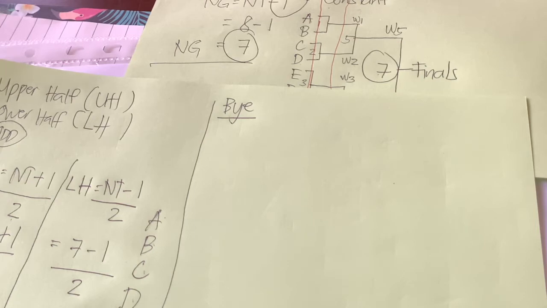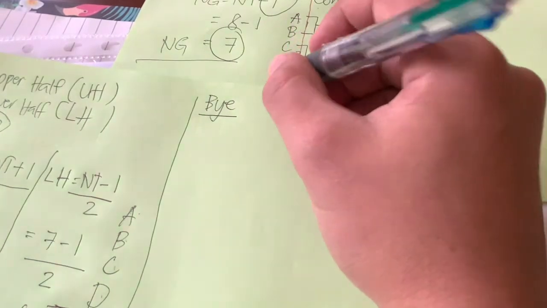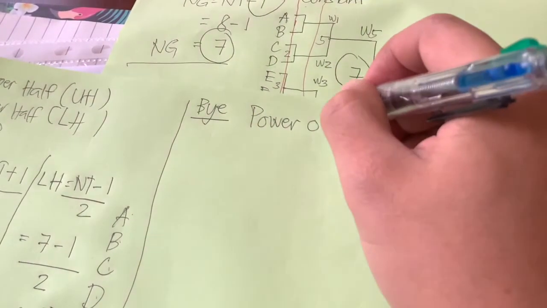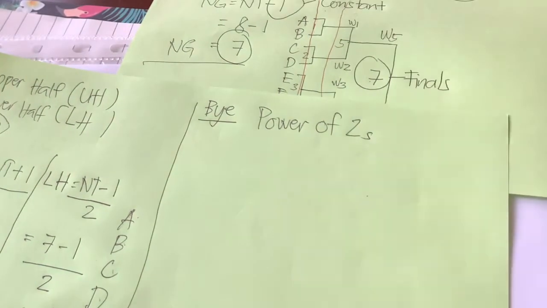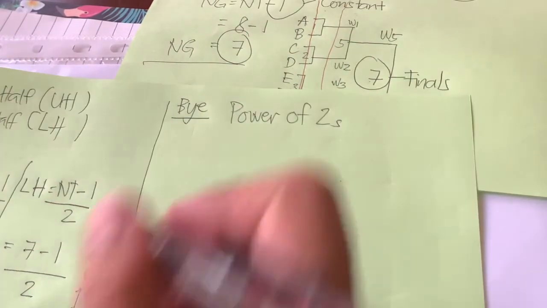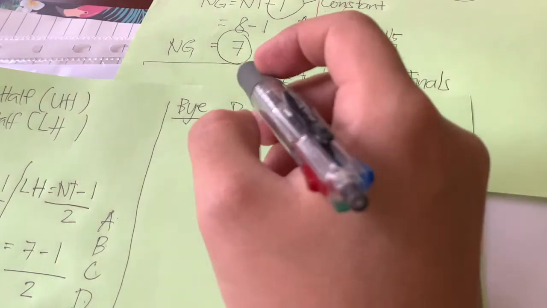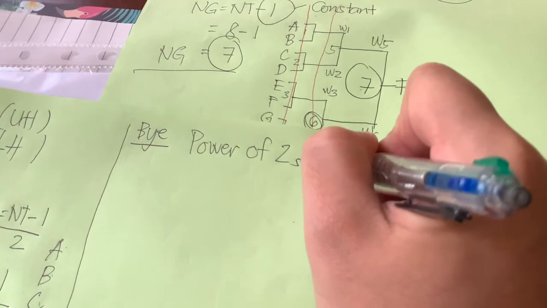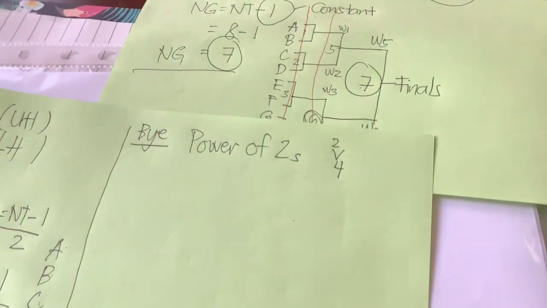In order for us to get the bye, you have to understand this. We have to follow the power of twos. What is power of twos? Power of twos means 2 multiplied by 2 will be 4.